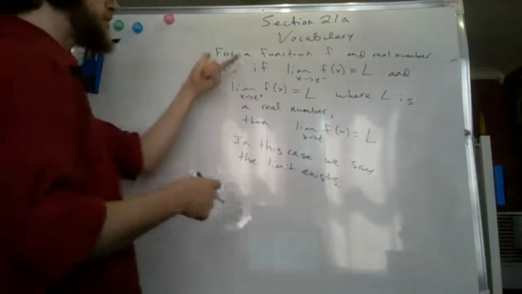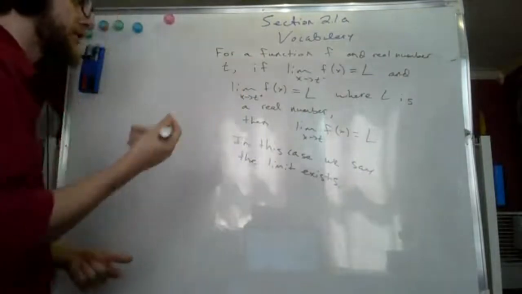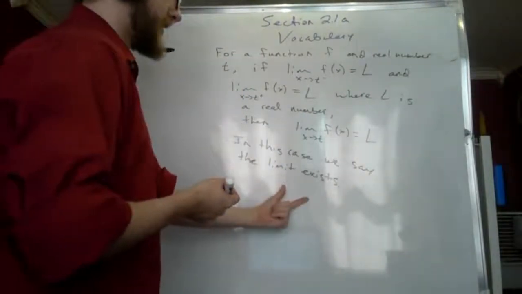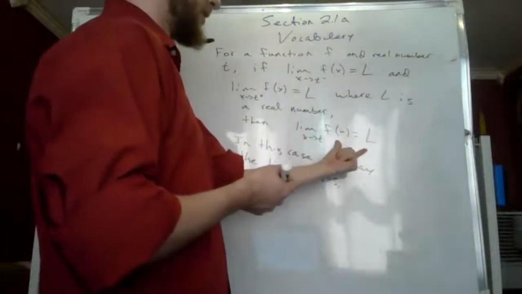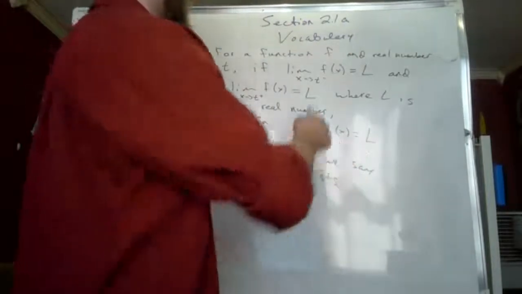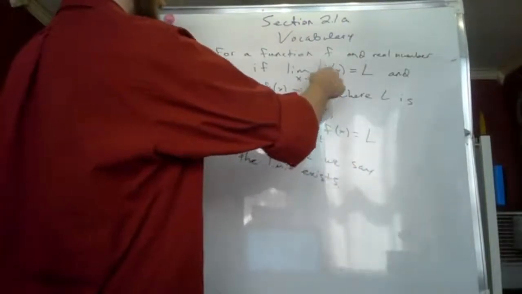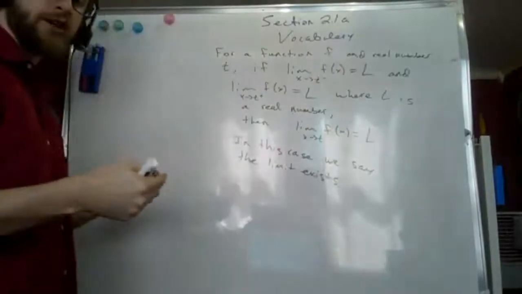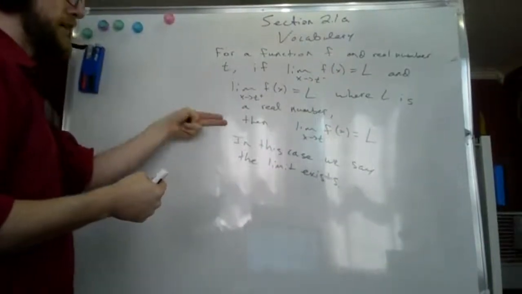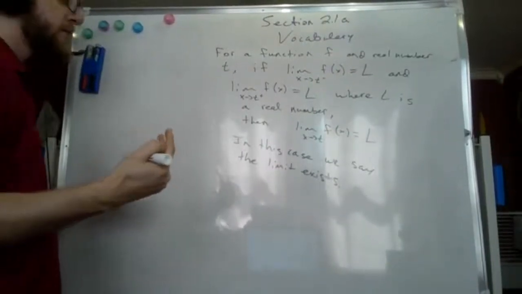Now, this statement is also true in the reverse. If the limit exists and the limit equals something, then that tells you that the left hand and the right hand side equal each other. So this is an if and only if statement. It's true both directions.